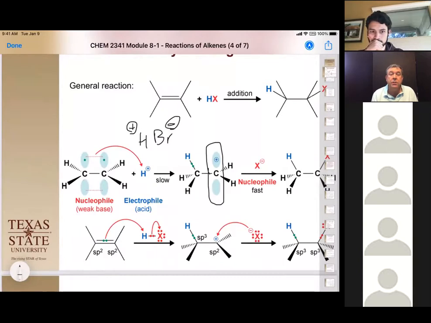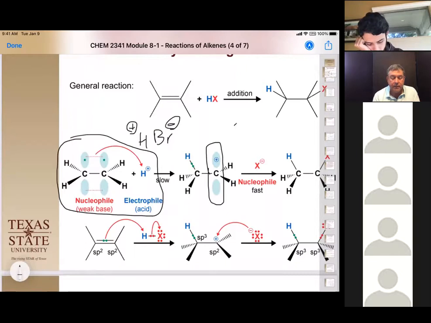Okay. So right there, we need to have the most stable carbocation possible. And when you get the most stable carbocation, that's going to drive your reaction. It's going to show you where the bromine is going to act to make that new sigma bond. So once we've reacted our hydrogen with our alkene, so we had a nucleophile and we reacted it with an electrophile, now we've created a new species.